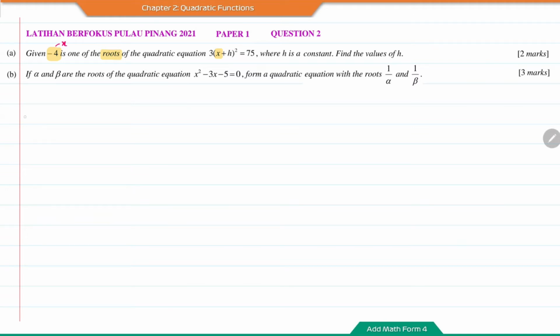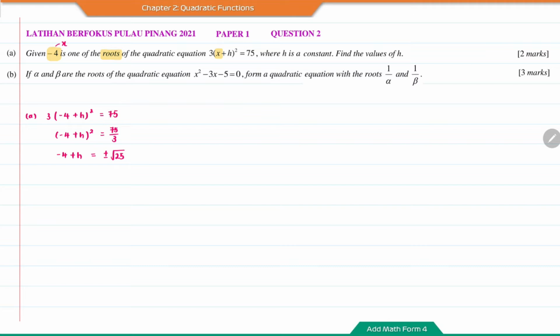So for question A, I'm going to substitute x with negative 4. Next, I'm going to move the 3 to the other side. It's 75 divided by 3, which gives you 25. Next, I'm going to move the square to the other side. It gives you plus minus square root of 25.